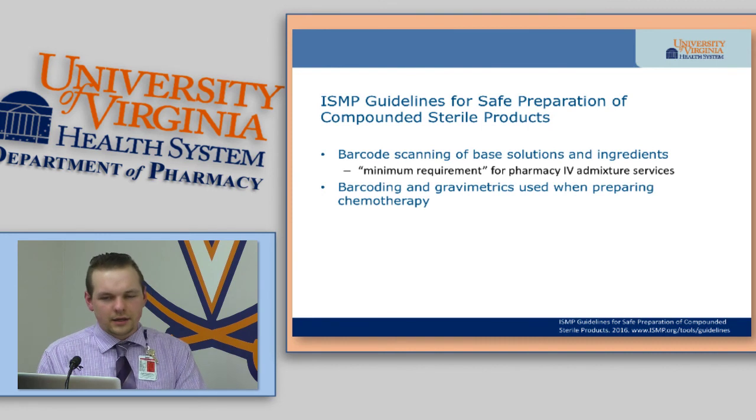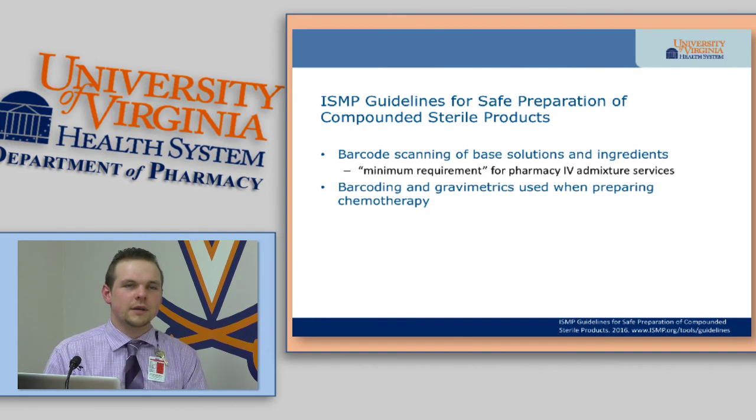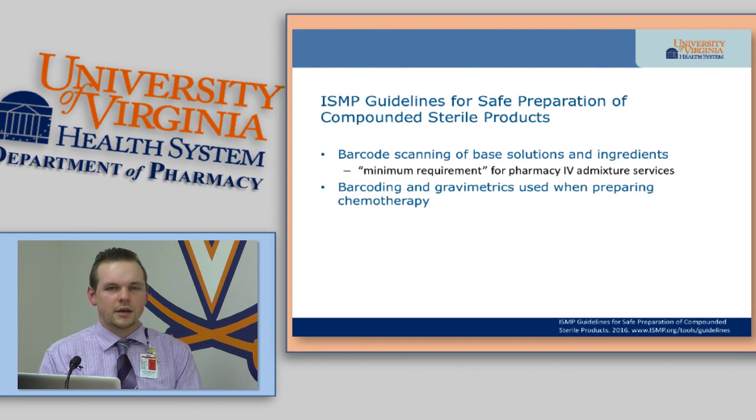So ISMP, I bring this up in a lecture about technology and patient safety because recommendations that ISMP publish often involve the technology aspect of pharmacy. For example, ISMP publishes guidelines for safe preparation of compounded sterile products, and in this recommendation, they mention barcode scanning.